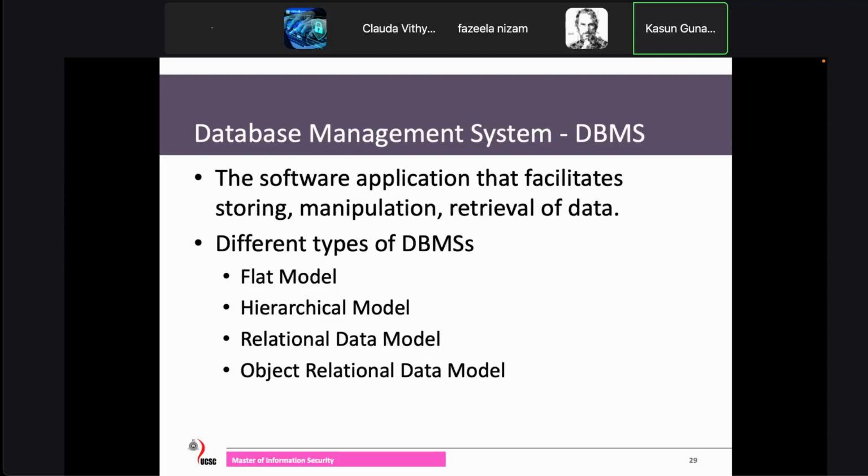Database management system, or DBMS in short, is the software application that facilitates storing, manipulation, and retrieval of data. So we call this entire package a database management system, because it's not just a storage mechanism.